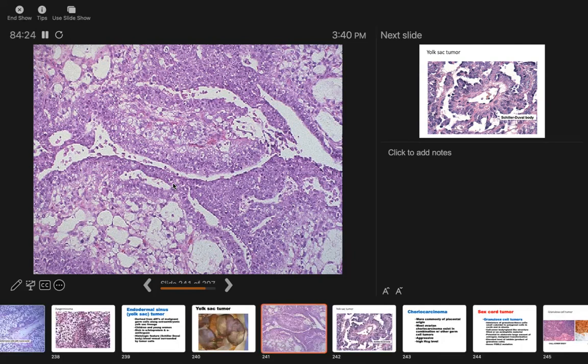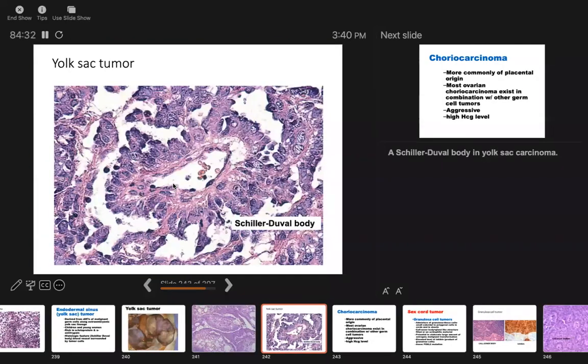Now, let's go to the next category, which is your sex cord. First on the list is granulosa cell tumor. Granulosa cell tumors are composed of cells resembling granules, and they are actually of two types.